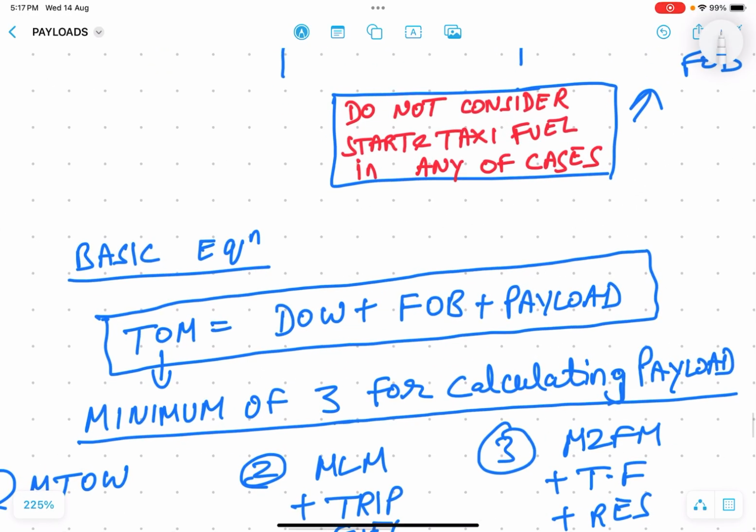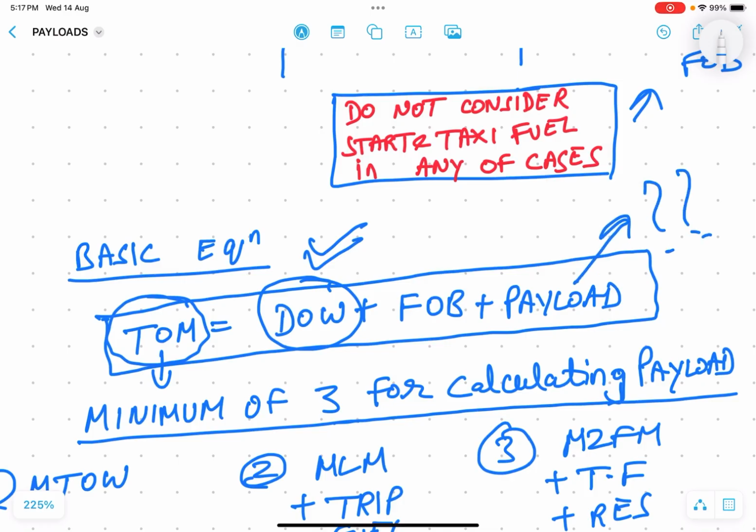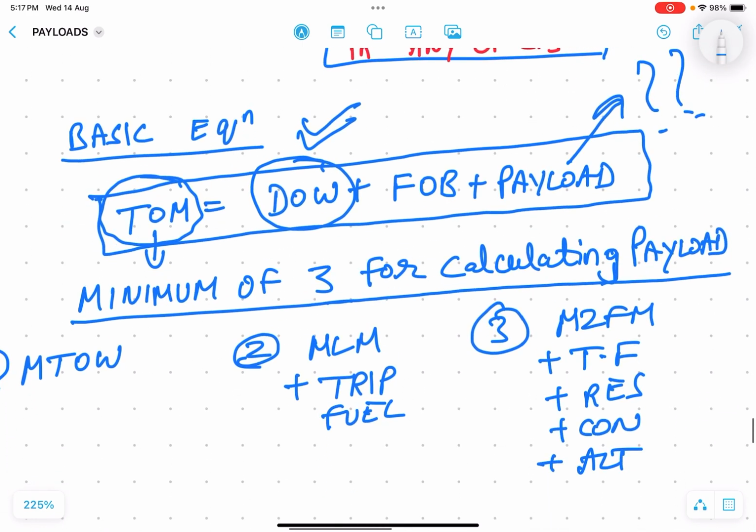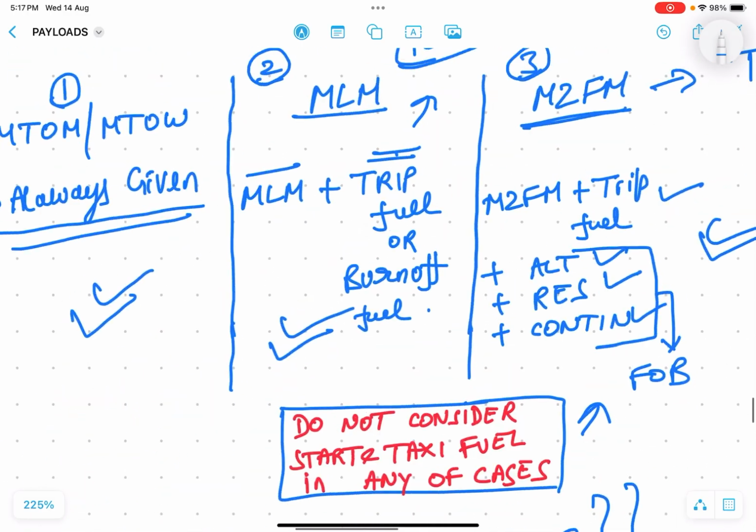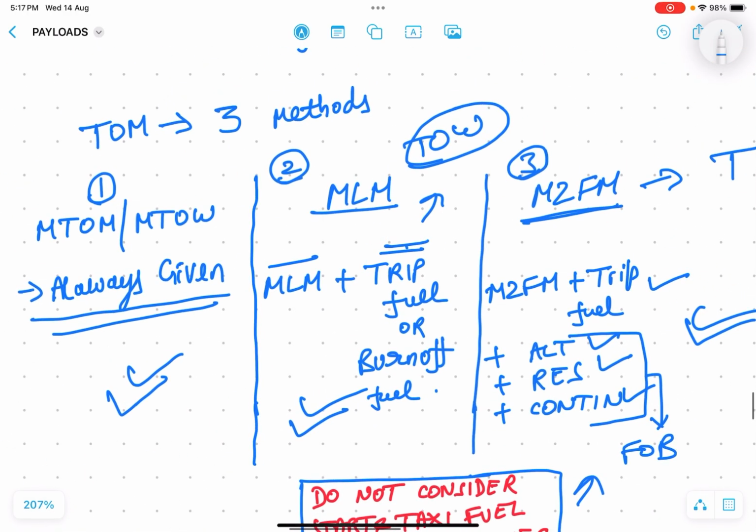So I have told you how to calculate takeoff mass. Now dry operating weight will be given to you. Now we will see the method of calculating payload. How to calculate payload? While calculating payload, you have to consider the minimum of these three methods of calculating takeoff mass.